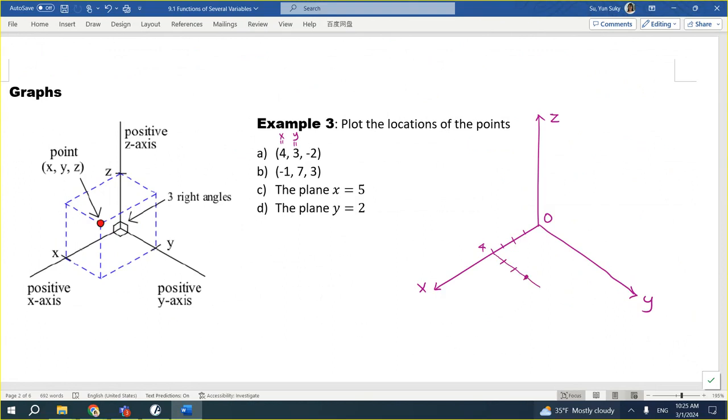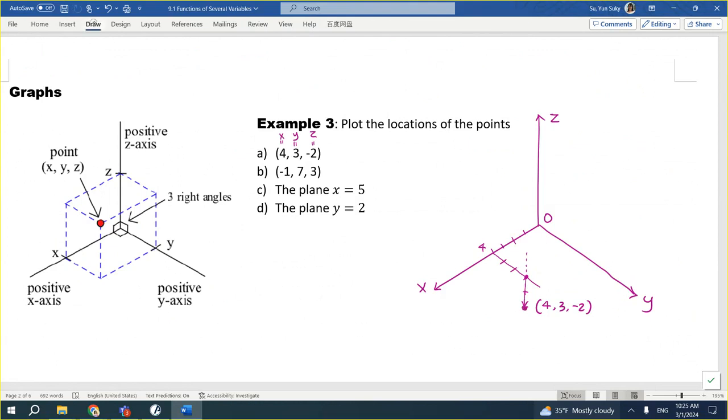So we're sitting right here. What's the Z? Negative 2. So what do we do? We go down 2 units. So which is this point? So this point is 4, 3, and negative 2. Is that okay, everybody?